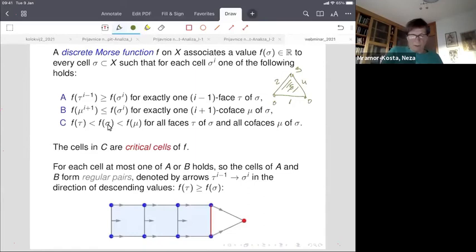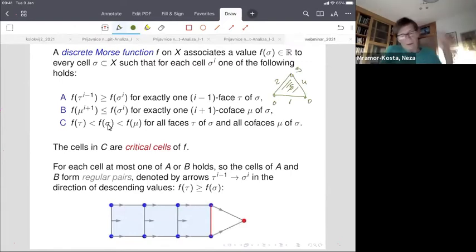So this is a discrete Morse function, at least I hope, on this very, very simple CW complex. So if you take any cell in here, you see that if you compare the values, you have at most one face with a higher value, or at most one co-face with a lower value. So it turns out that only one of these two exceptions is possible.